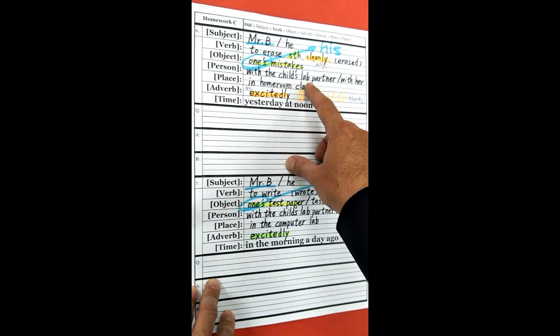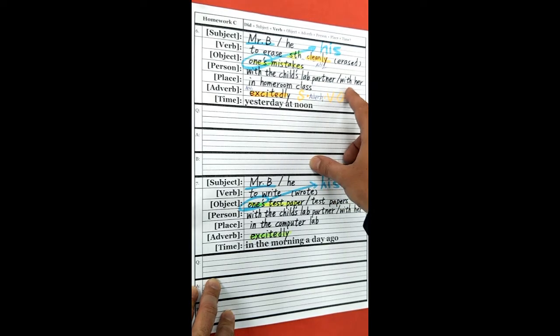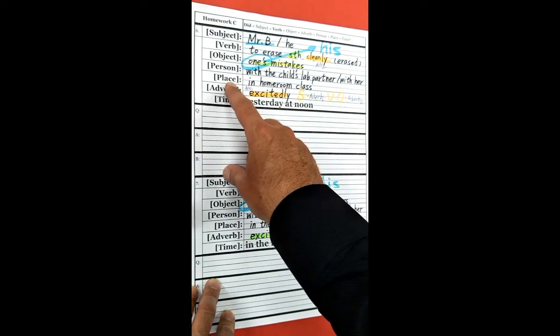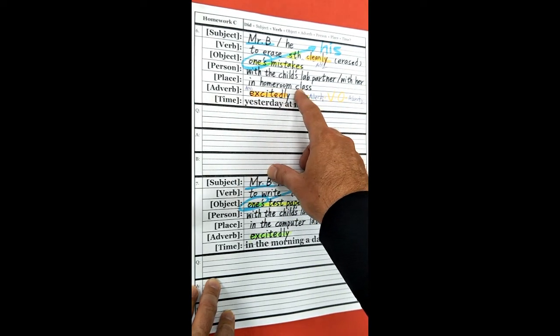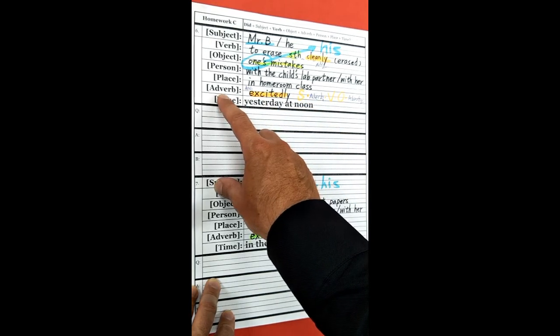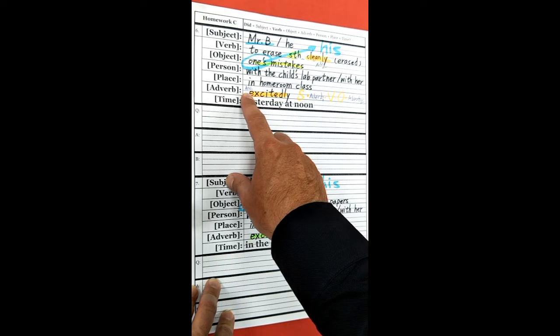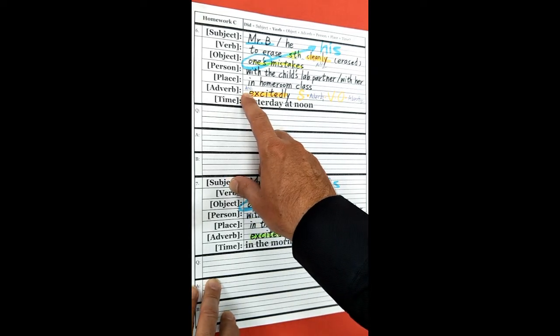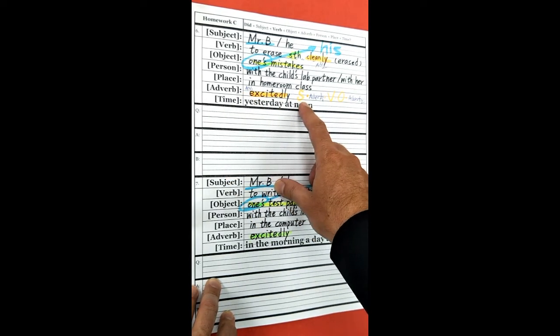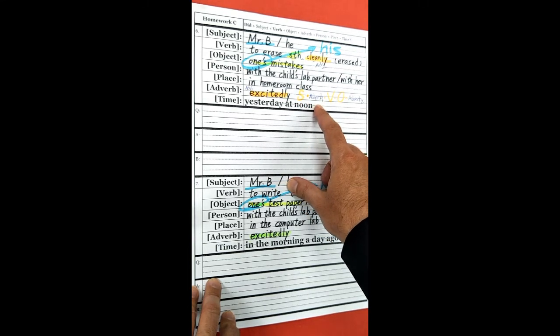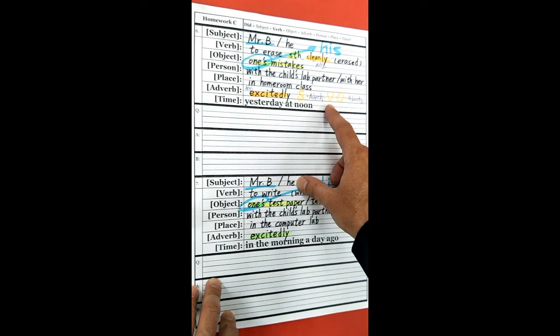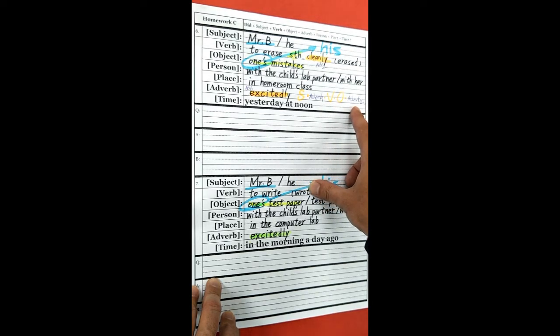Person, with the child's lab partner, with her. Place, in homeroom class. Adverb, excitedly. I'm going to call this adverb 1. So, what do? Subject, adverb 1. Verb, object, adverb 2.